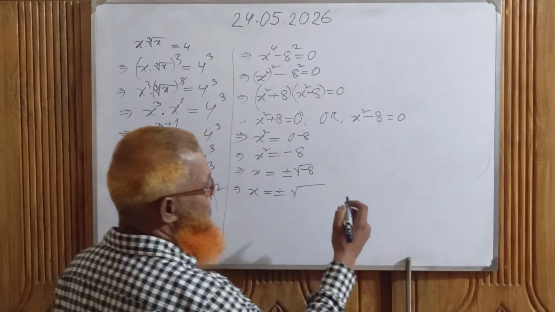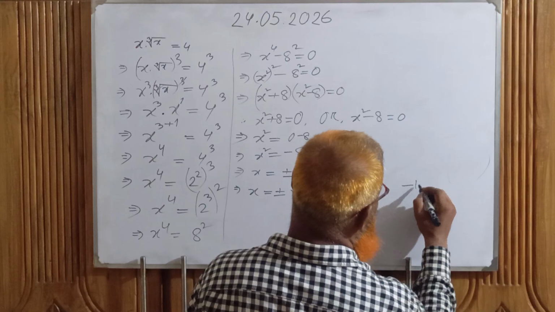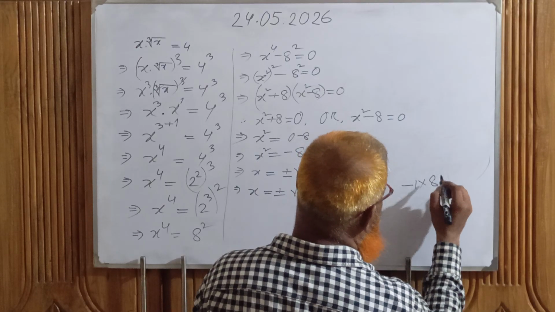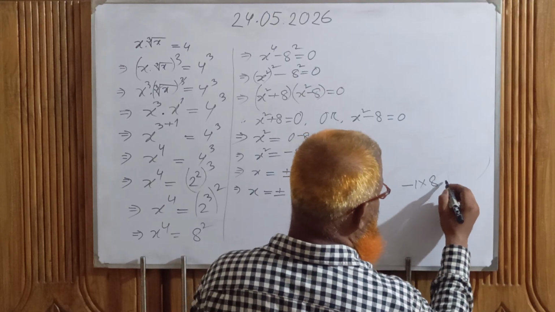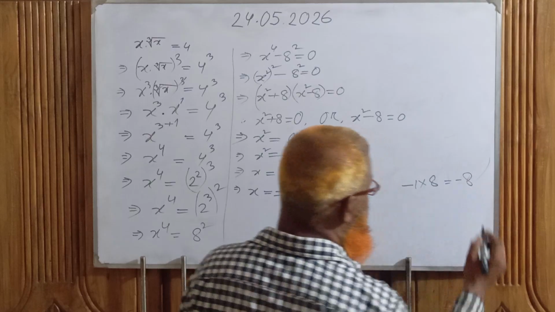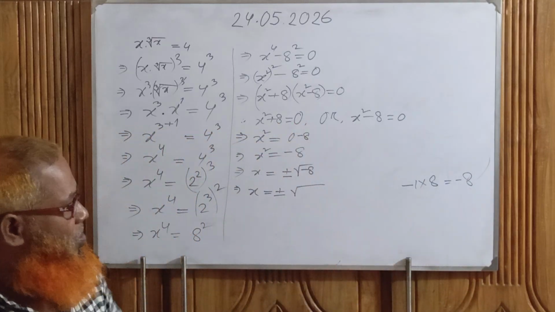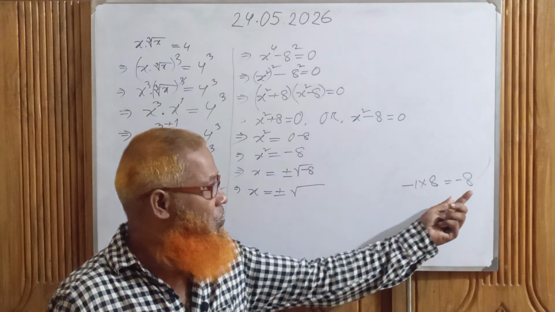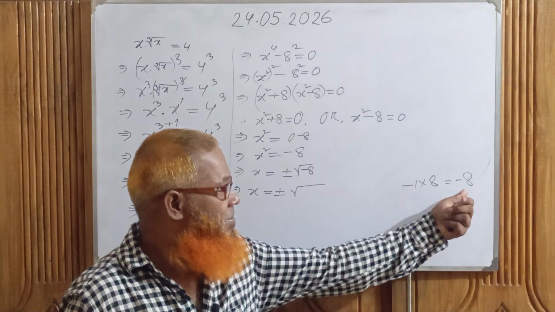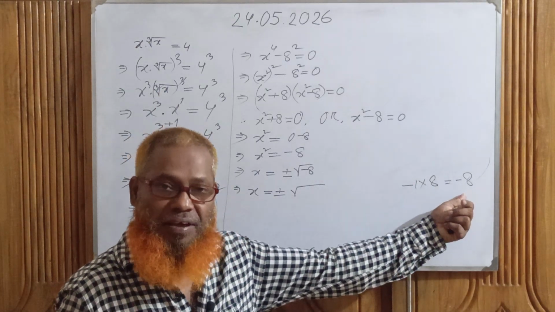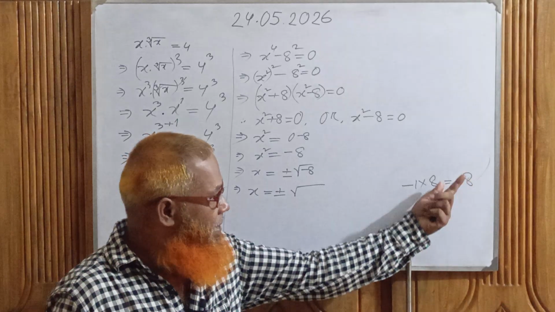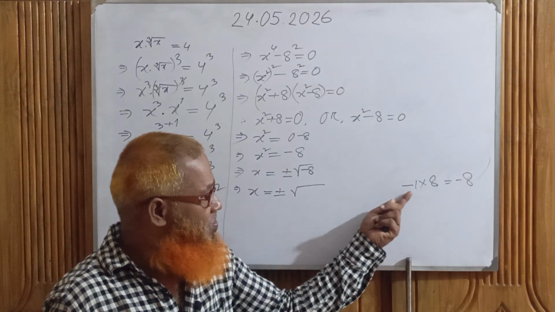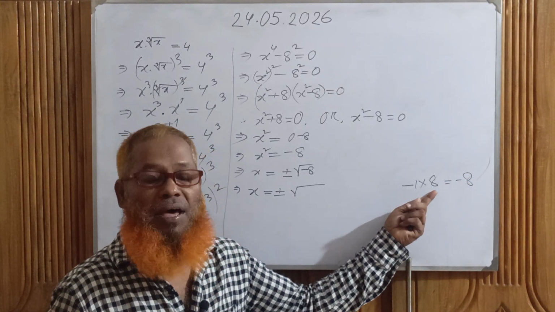We write minus 8 as minus 1 times plus 8, which equals minus 8. This is the same because 8 multiplied by 1 equals 8, and the minus gives minus 8. So we write minus 8 equal to minus 1 into plus 8.